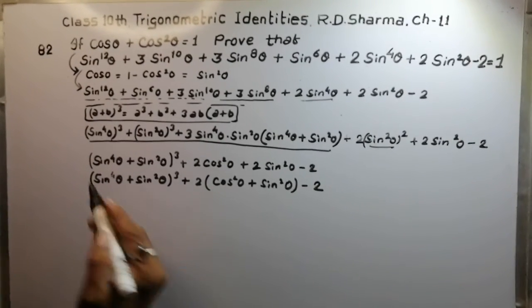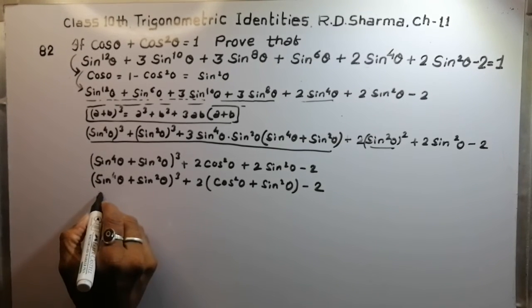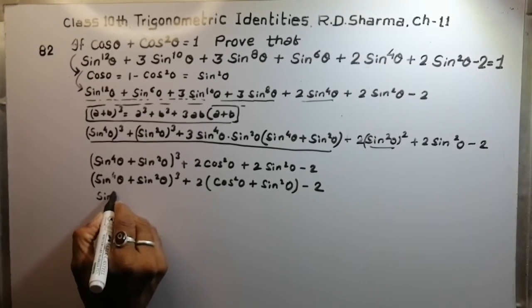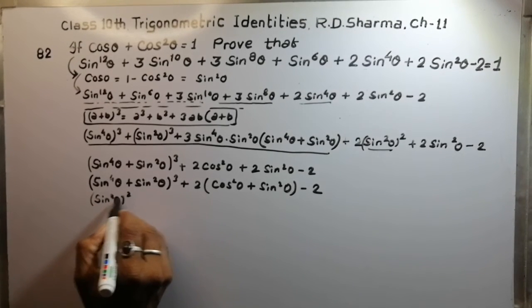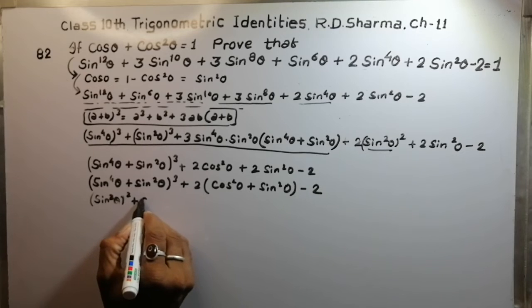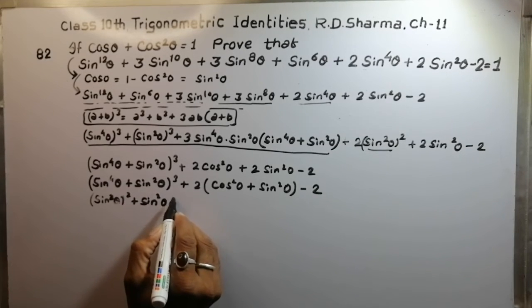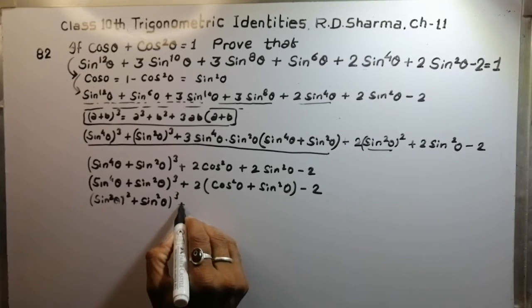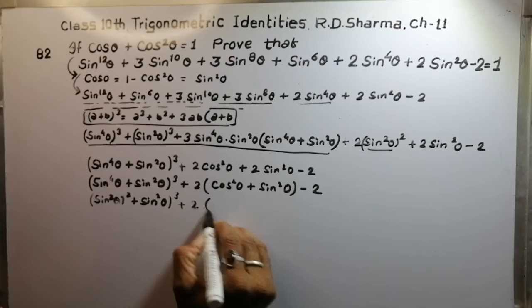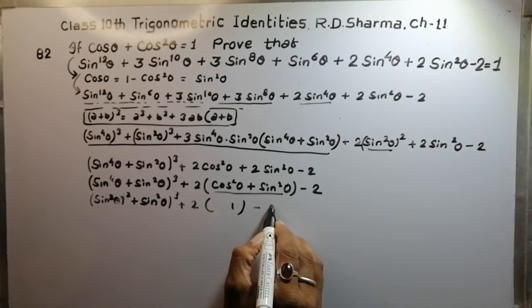We can further change sin 4 theta as sin square theta whole square, and plus sin square theta cube, and plus 2 into the value of cos square theta plus sin square theta, which is 1, minus 2.